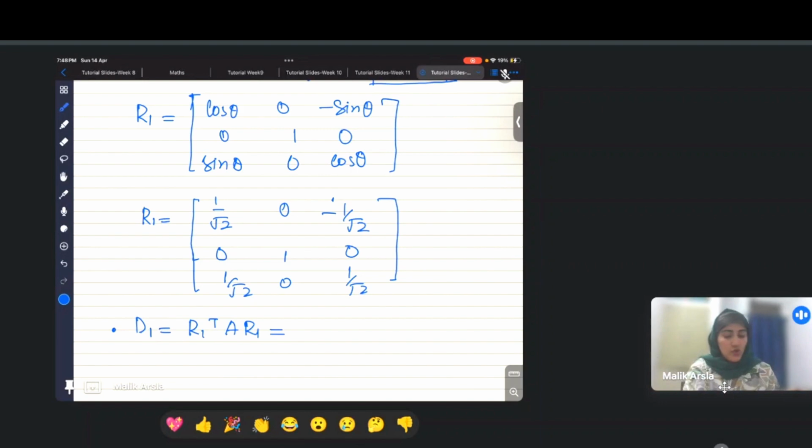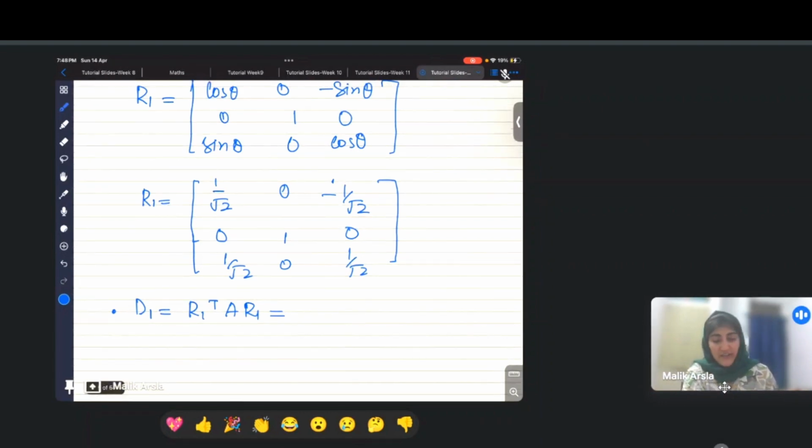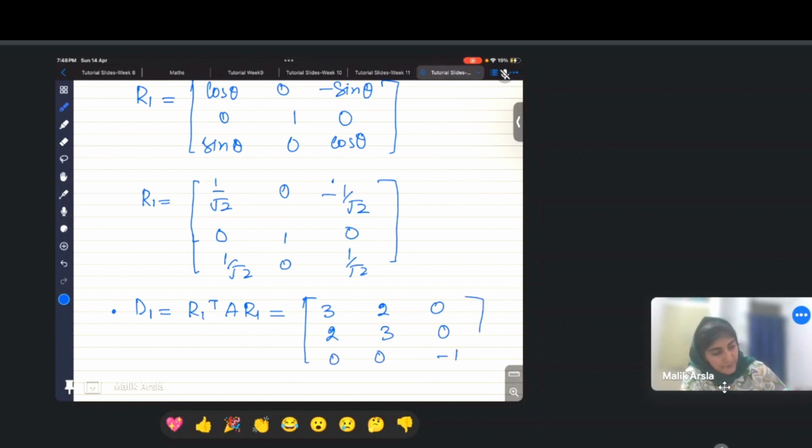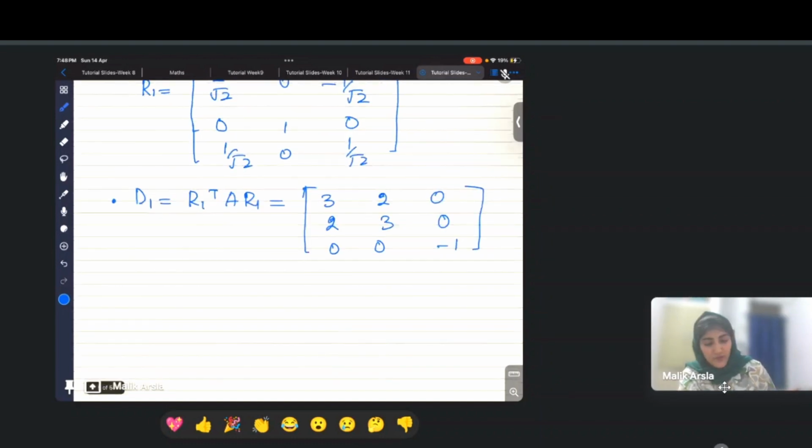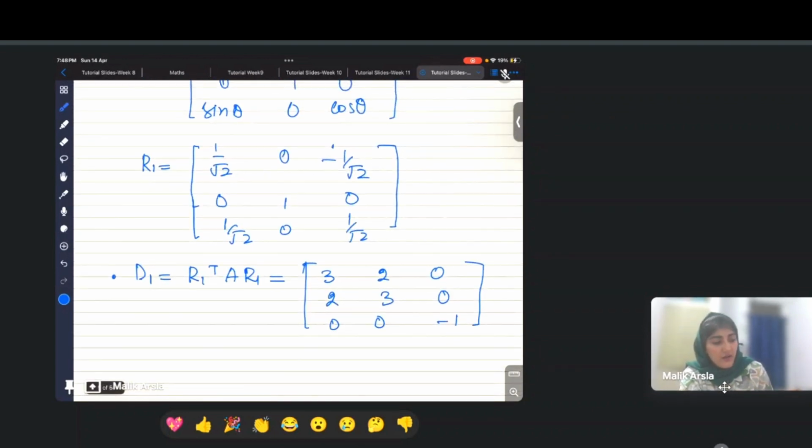So here D1 is coming out to be, you can just verify if it's the same, 3, 2, 0; 2, 3, 0; 0, 0, minus 1. Again, R1 is the above matrix, 1 by root 2, 0 and these things.